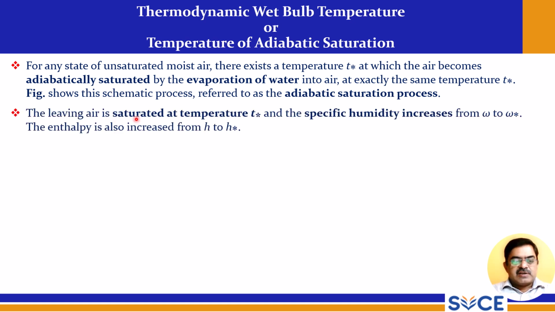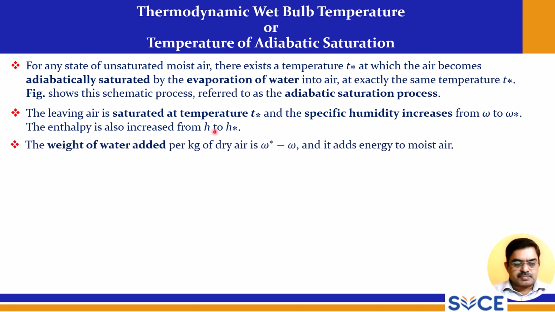The leaving air is saturated at temperature T star, and the specific humidity increases from omega to omega star, and the enthalpy is also increased from H to H star. The weight of water added per kg of dry air is omega star minus omega.